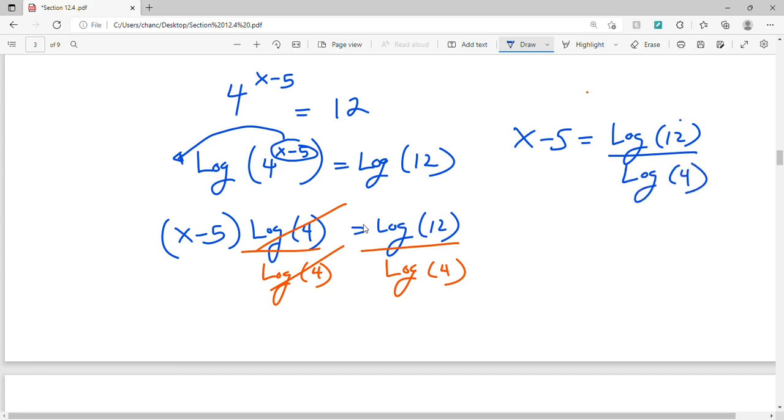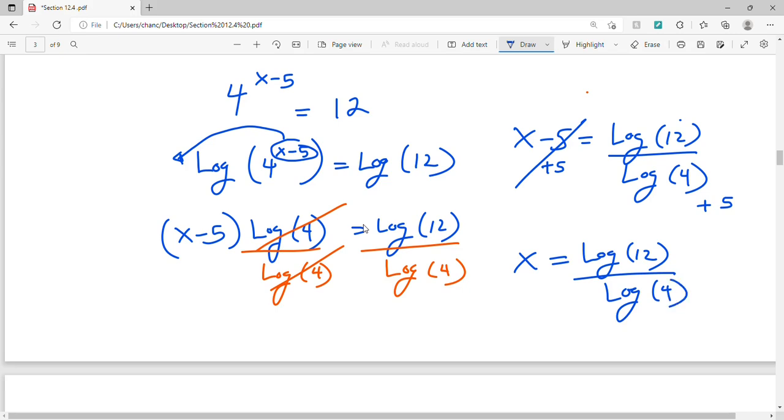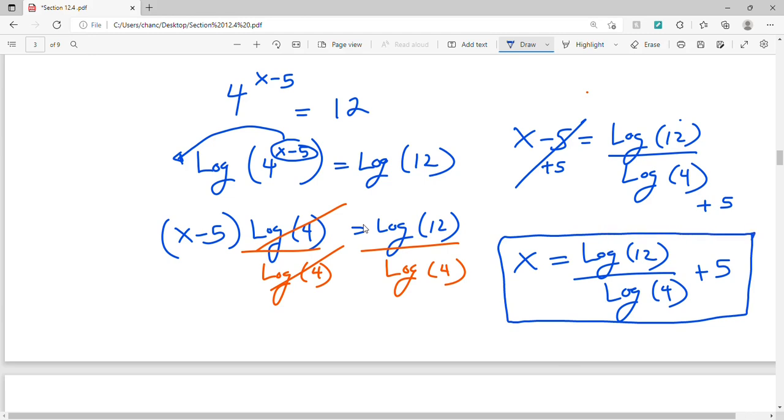I can add the 5 to both sides. And here's my solution. X is equal to log of 12 divided by log of 4 plus 5. This is a good solution. If you want a decimal version, this is equivalent to approximately 6.792.